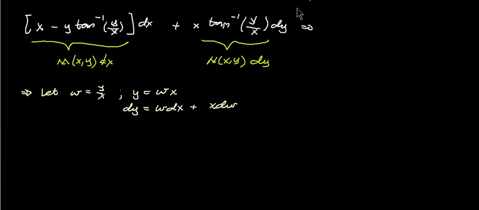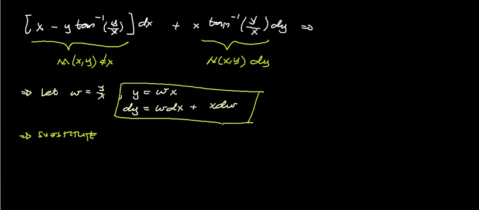So our next step is to substitute these facts in order for our differential equation to be separable. So we have to substitute the value of y and the value of dy.